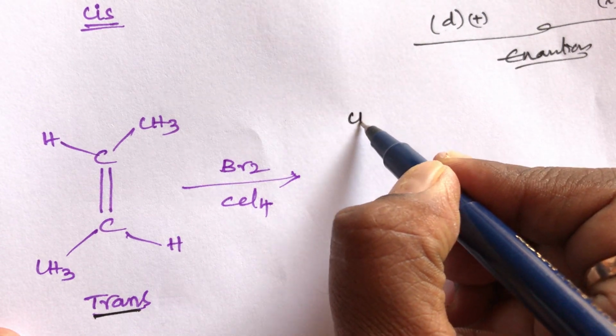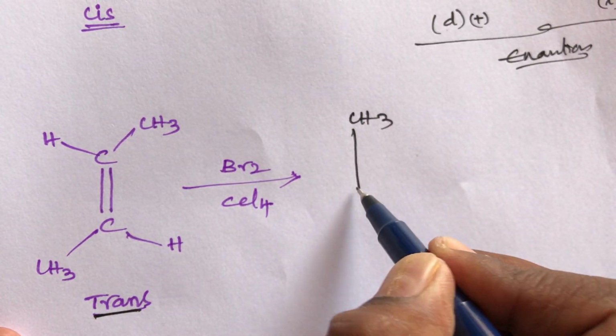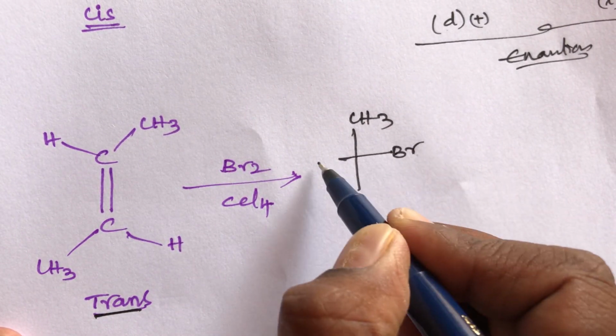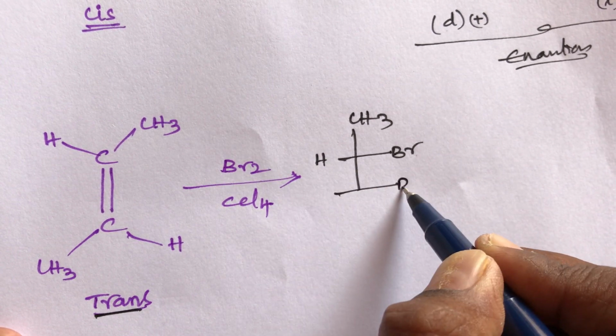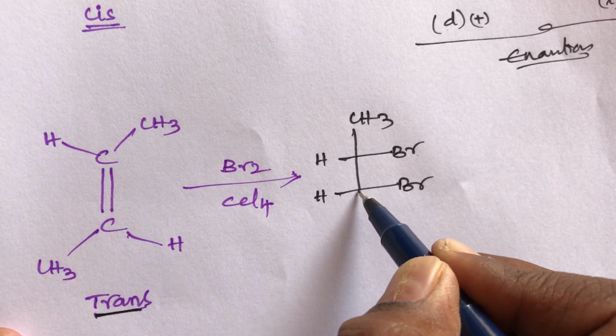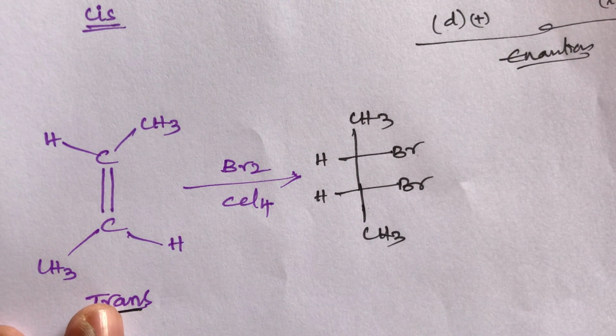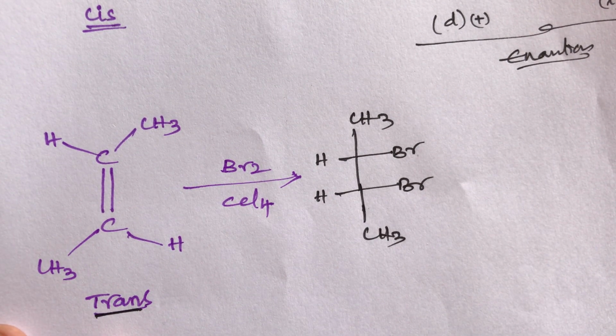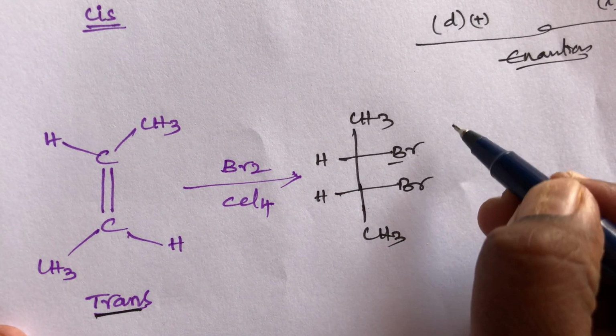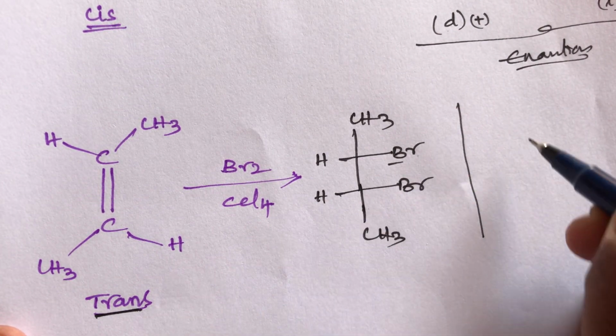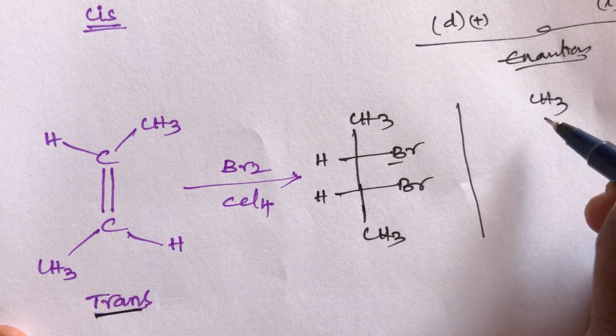So we can write here CH3, one bromine here, Br also here. So two bromines will attack the same side. In the trans compound, on bromination in the presence of CCl4, two bromines will attack the same side, and two bromines are present on the left hand side.